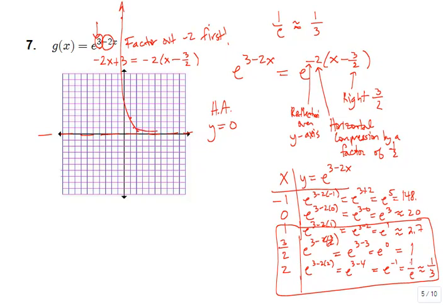And then this is coming down here. And let me fix my picture here just a little bit, because I'm not supposed to hit that y-axis until way up here. So it's very steep as I go to the left there. And that's because we have that horizontal compression. We're shrinking all these x's closer together than they normally would be, so we get this really, really steep graph. Okay?